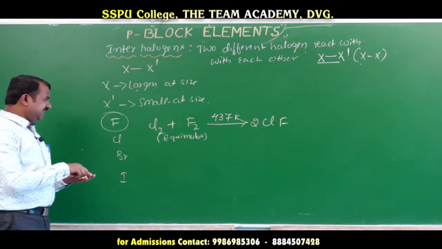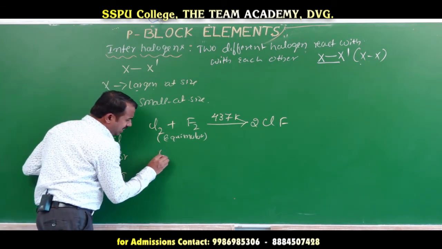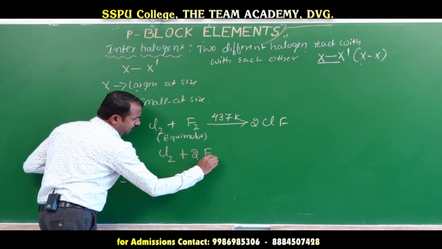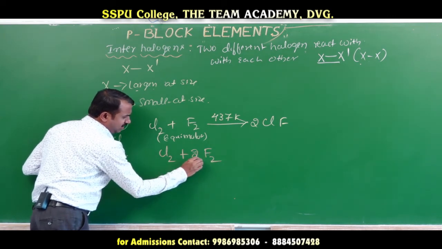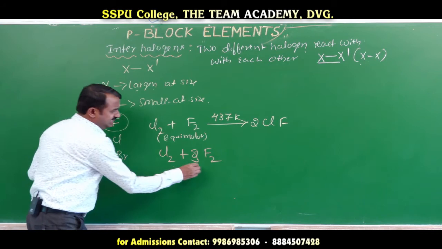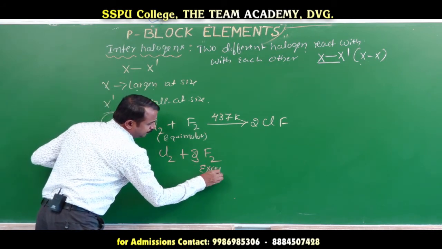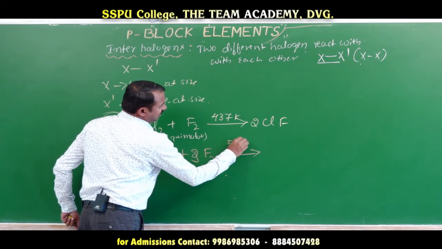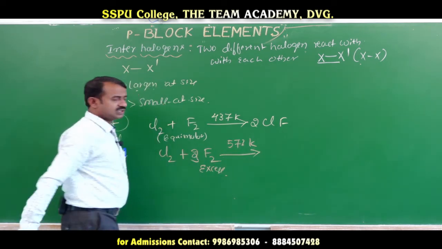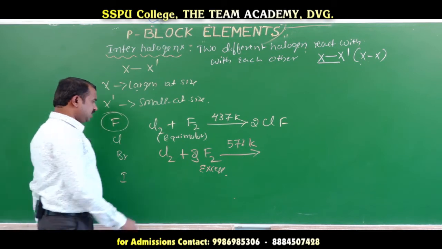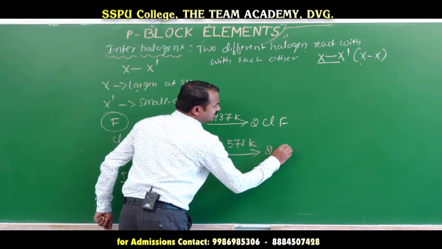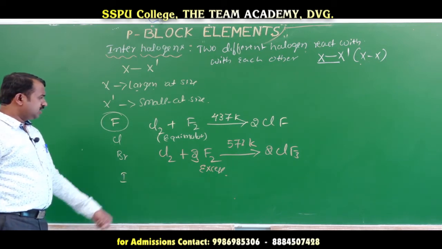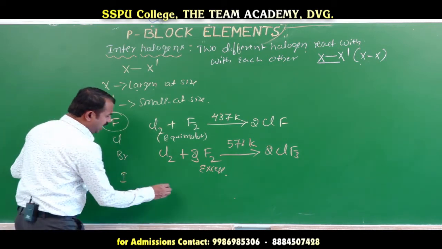In case chlorine reacts with 3 molecules of fluorine, here X is fluorine, at 573 Kelvin it forms 2 molecules of ClF3. Or when bromine reacts with fluorine in equimolar amounts, it forms BrF. When bromine reacts with 3F2, it forms BrF3.